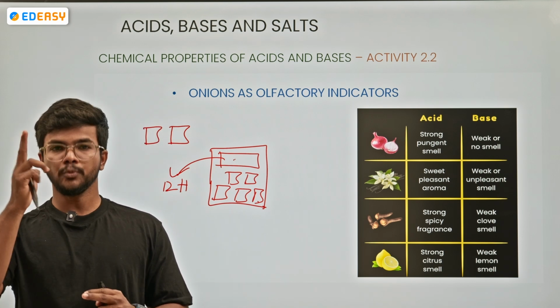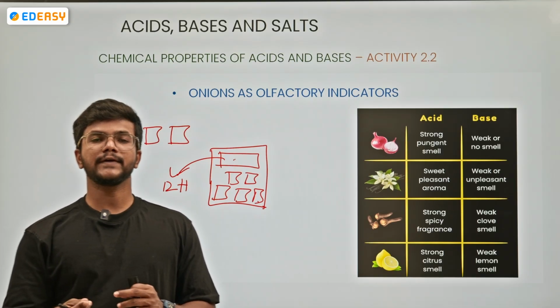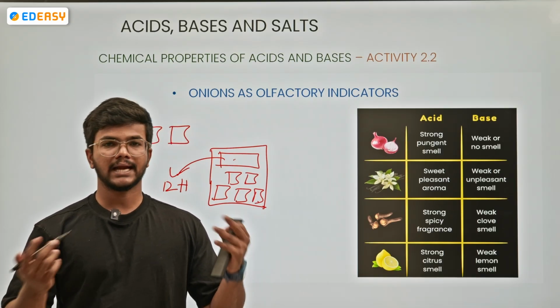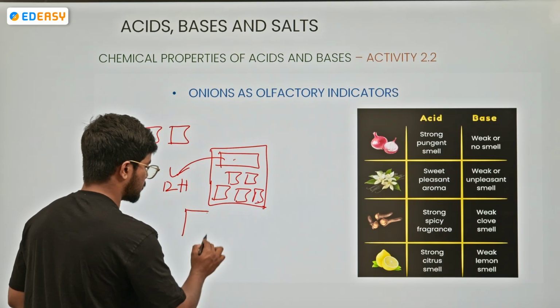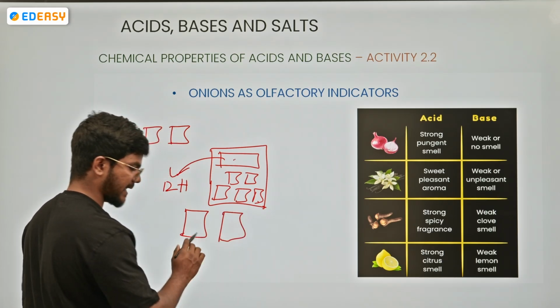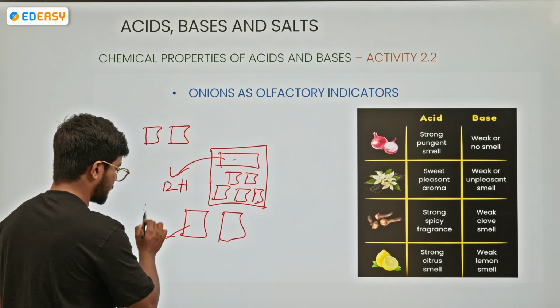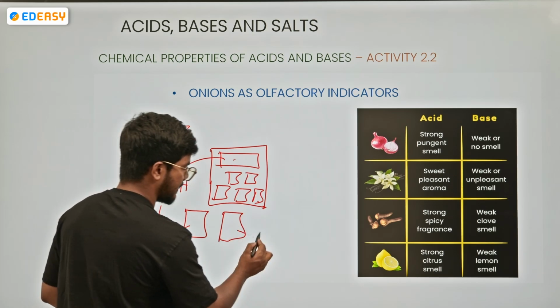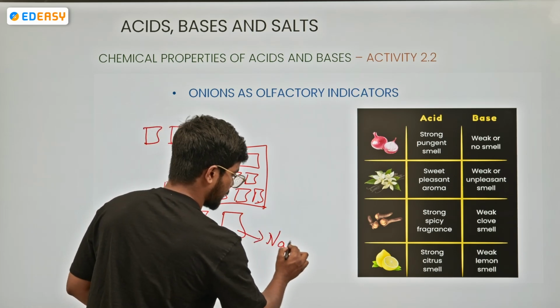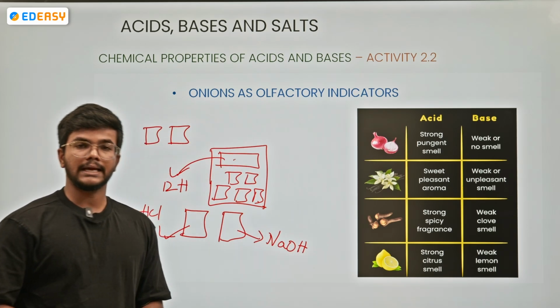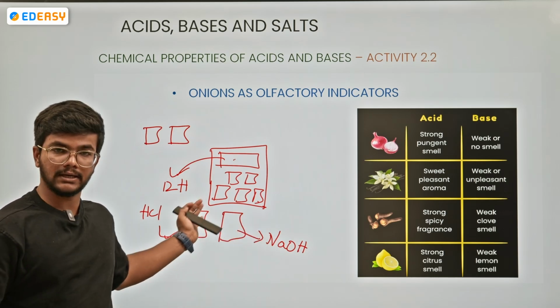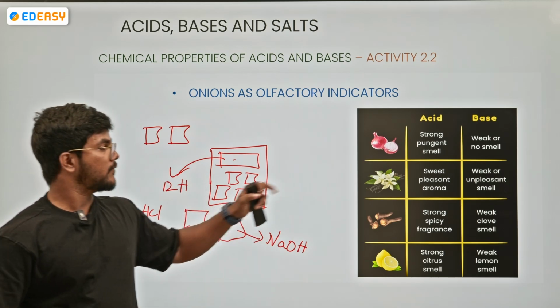So make the cloth into two halves and react them with acid and base, that is, with HCl and NaOH. When you pour HCl and NaOH on the onion cloth, what happens?